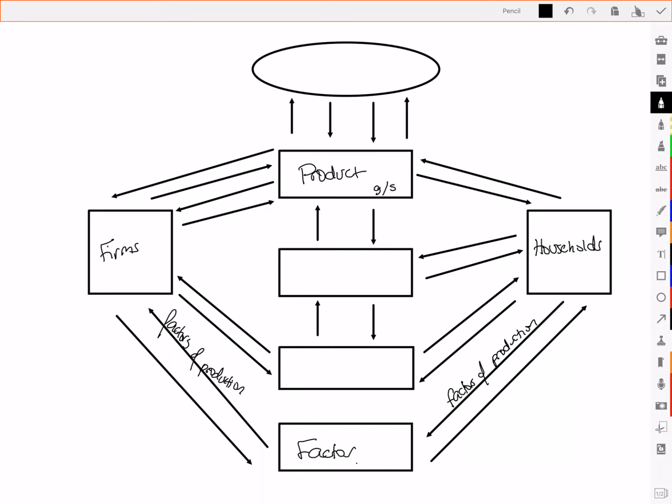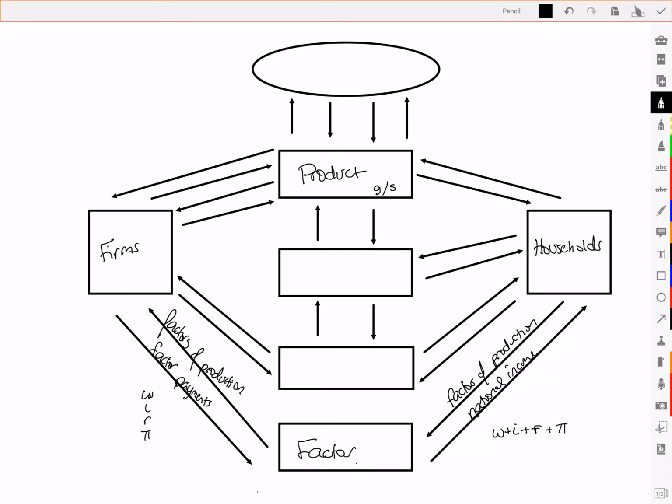In exchange, firms will pay what we call factor payments. So that's the wages, interest, rent, and profits. Now, if we combine wages, interest, rent, and profits, we get what is called national income.